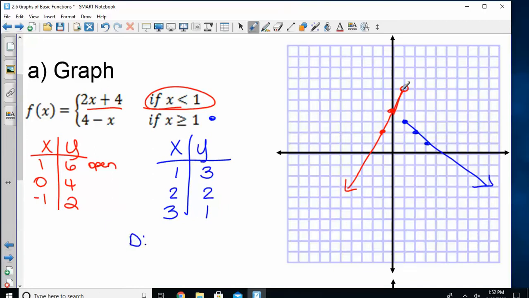This red piece stops at 1, but the blue picks up there and keeps going, so we do eventually hit everything. The range, these pieces are going down forever, so it's coming from negative infinity, and it stops at 6. So it would be negative infinity to 6. The 6 was an open circle, so it would get a parenthesis.